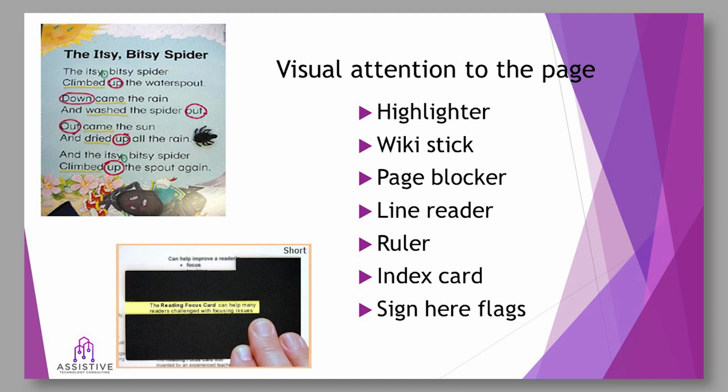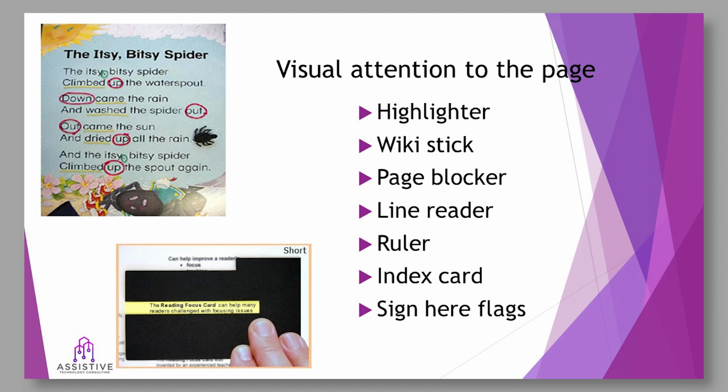It's literally a waxy stick. There's page blockers, such as the one that you see down here, right? There's line readers, which are very similar to this, except it's just a line. A ruler works, an index card works, a sign here flag works, Post-it notes work, right? So these are all ways that we can change the way a student is looking at a page.